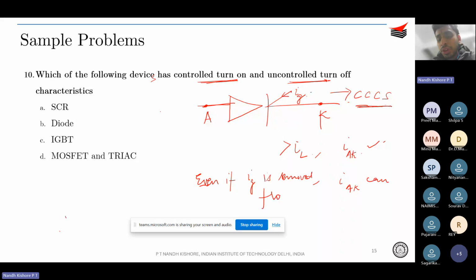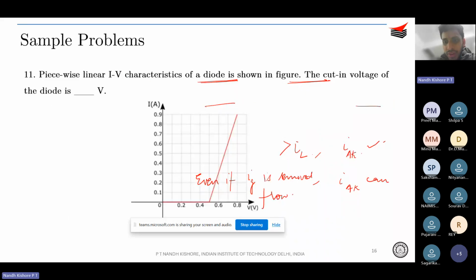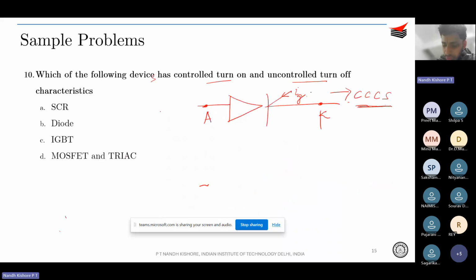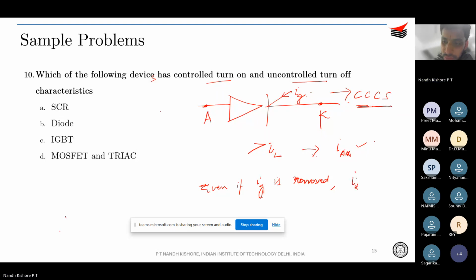As I was mentioning, your IG needs to be greater than your latching current, and if this is true, then IAK will flow. Even if IG is removed, IAK can flow.